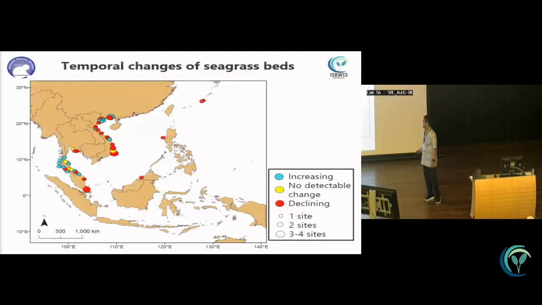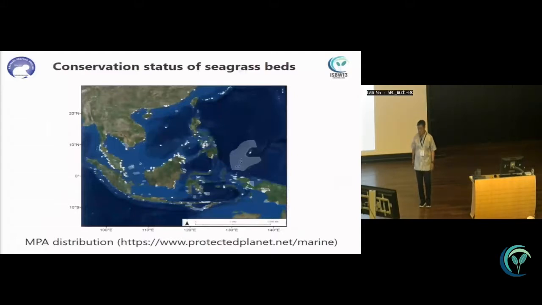But caution should be taken. The survey in Thailand was conducted in 2006 and 2012, and you know, the tsunami happened in 2004. So they are likely looking at recovery phases, especially along the west coast of Thailand. Anyway, we got the data on temporal change after 2000.